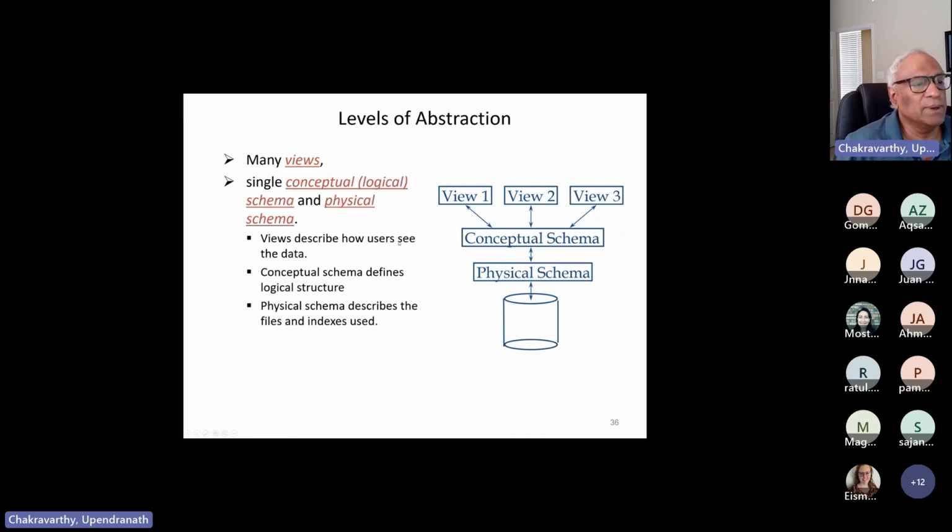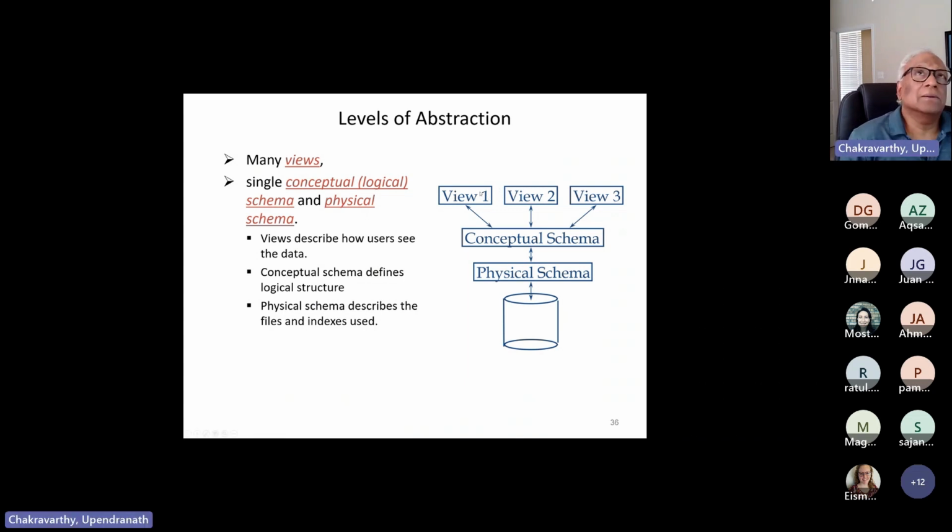So views describe how users see the data, and they don't see the actual format in which it is stored. So by changing the format, you don't affect the user view. That is the most critical part. Conceptual schema defines logical structure. Physical schema describes the files and indexes. So by adding these layers of abstraction, you are making things easy for the end user.